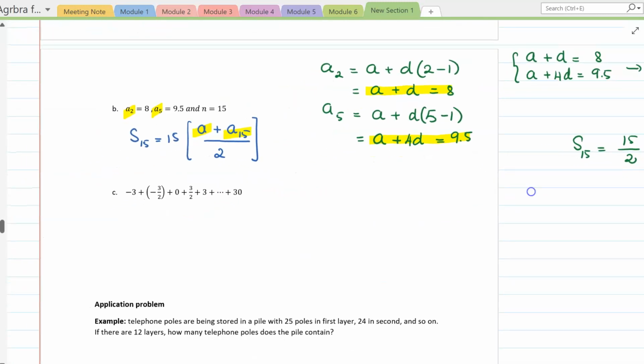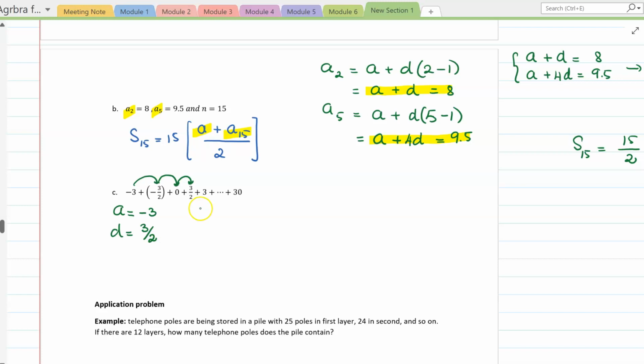Let's take a look at the next problem. So here we are given a sequence. And here note that I don't know what a sub n is here. So we need to figure out what is the number of terms at 30. So note that here we know a equal -3 and d is equal to 3/2.